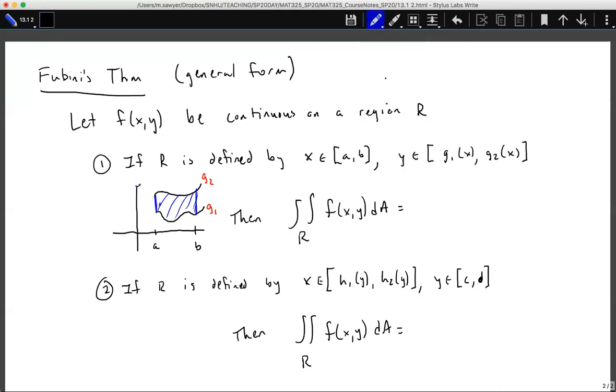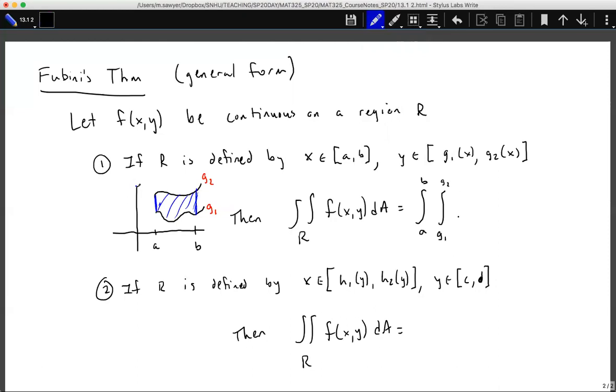Then my double integral over the region R of my surface with respect to that area is equal to the double integral with the constant on the outside of g1 and g2.